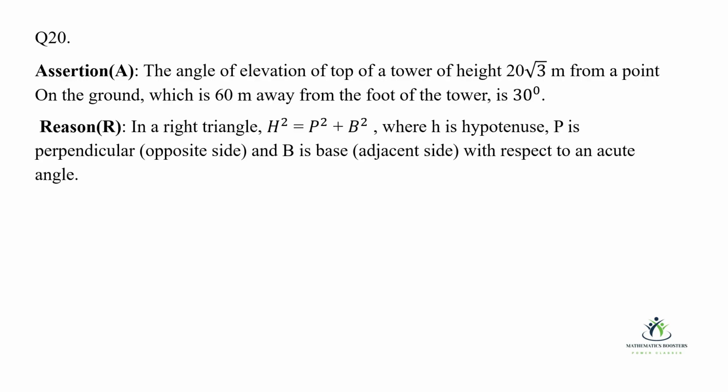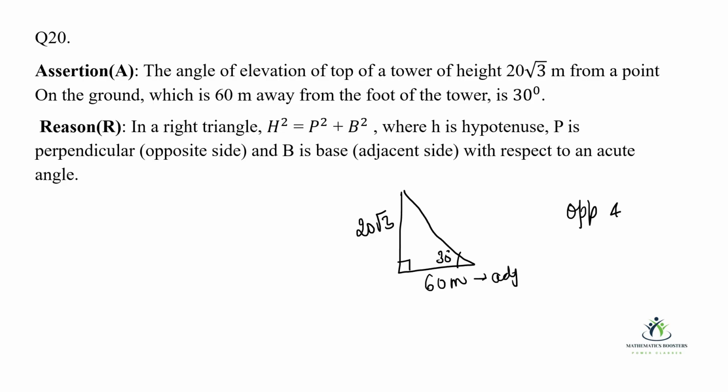Next, the angle of elevation of the top of a tower of 20 root 3 meter height. This is again a trigonometry question, represent with the help of diagram. This is 60 meter away and this is 30°. Opposite is given, also this is adjacent.